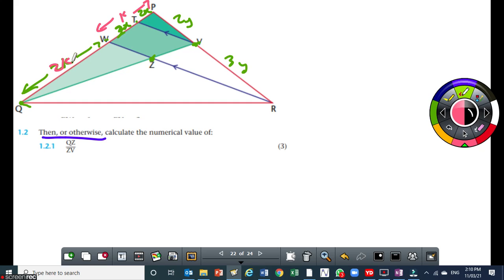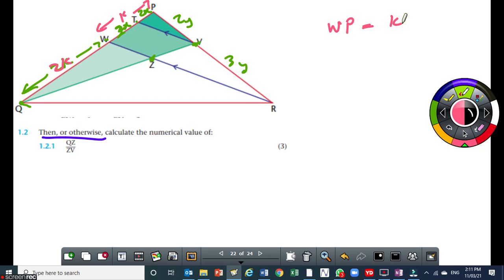Okay, so if I want to carry on there, in terms of k, WT, if I add 3x and 2x, I'll get what? 5x. Do you agree with me on that? Yeah? I'll get 5x. So if I want to get WT, I can say 3x over 5x times k, which means the length of WT is like this. WP is equal to k.